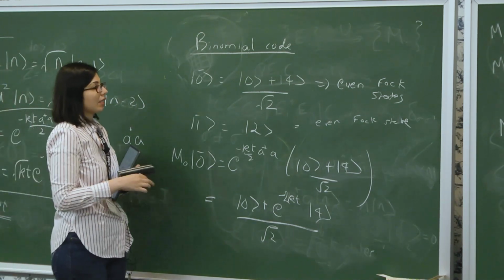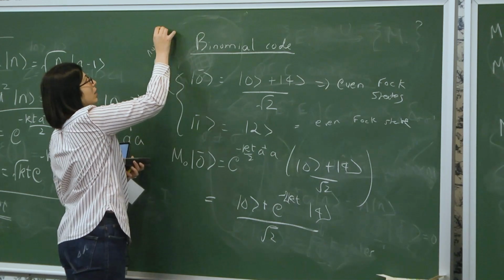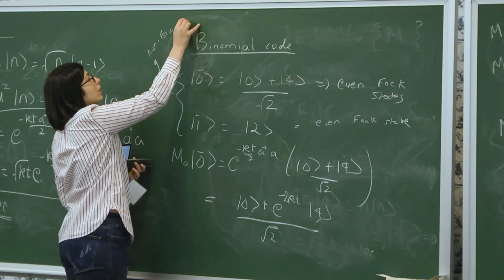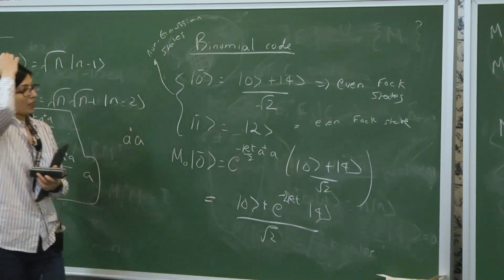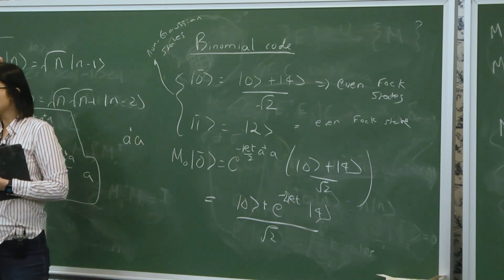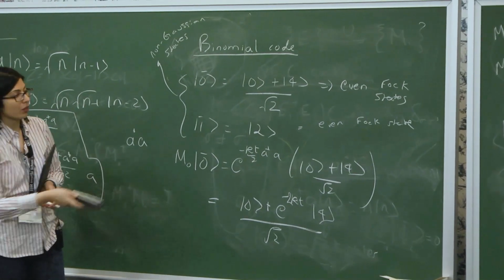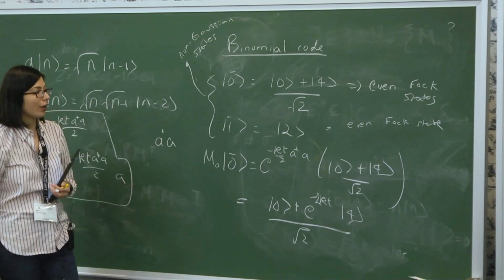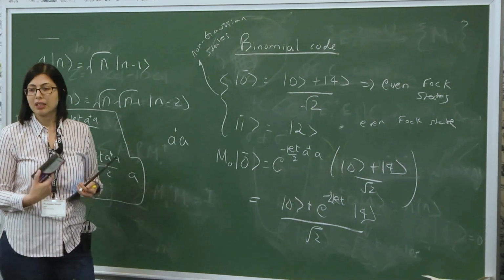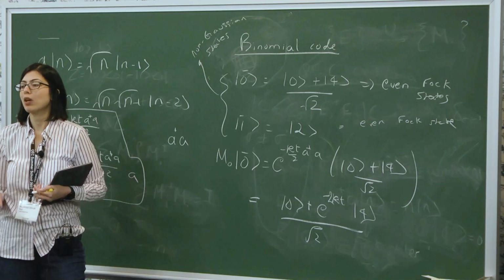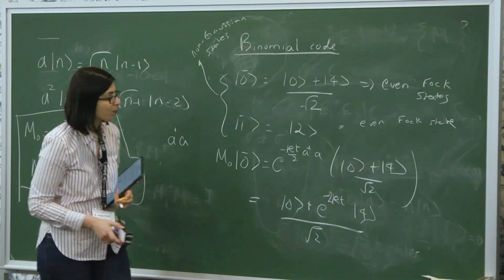In particular, these are non-Gaussian states. It's hard to prepare these states. You can't prepare these states in a linear cavity. You have to have some nonlinearity somewhere to be able to generate these states.